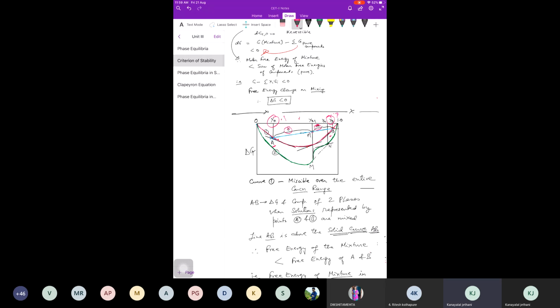But if I take more of composition B, then the mixture composition will be closer to B. If I take more volume of A, mixture composition will be closer to A. So it is proportional to this arm length, opposite on the other side. That's what I said yesterday. Is that understood?